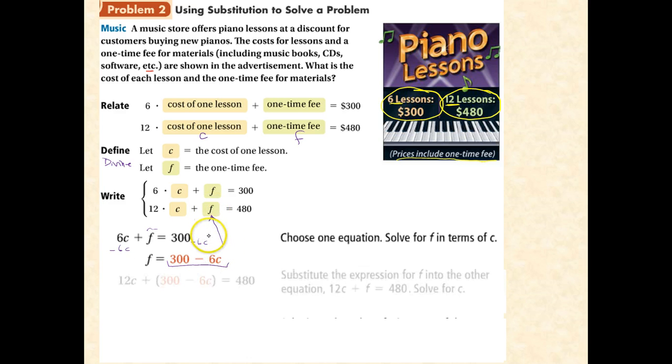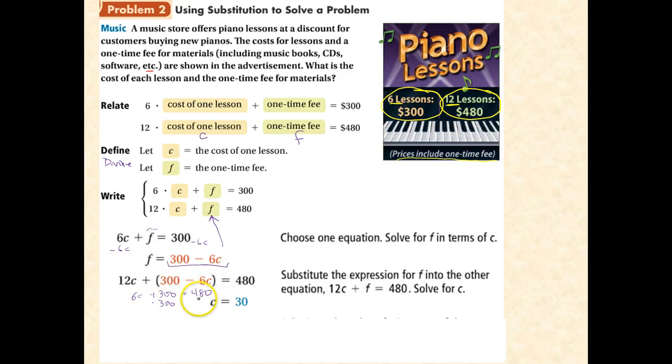So 12C plus the expression for F, 300 minus 6C, equals 480. 12C minus 6C is 6C, so 6C plus 300 equals 480. Subtract 300 from both sides. You get 6C equals 180. Divide both sides by 6, and you get C equals 30.